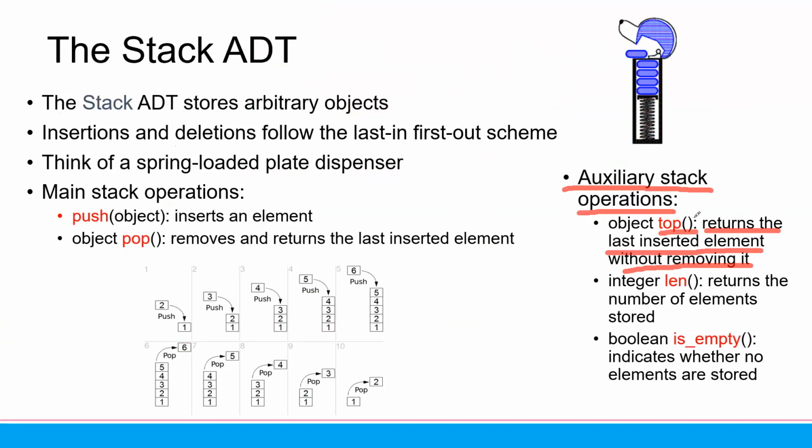So if I call top, I want to know what the last element, or top element, is. If I call length, I want to know how many elements are stored in the stack. If I call is empty, I can know whether this stack has elements or not.